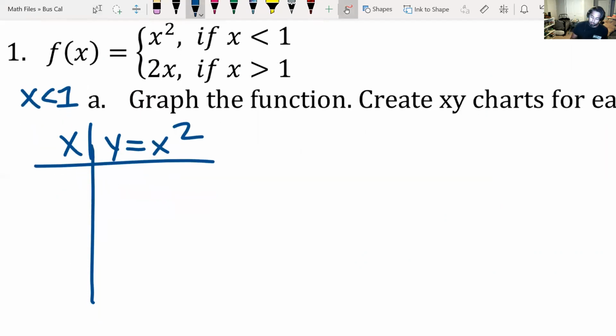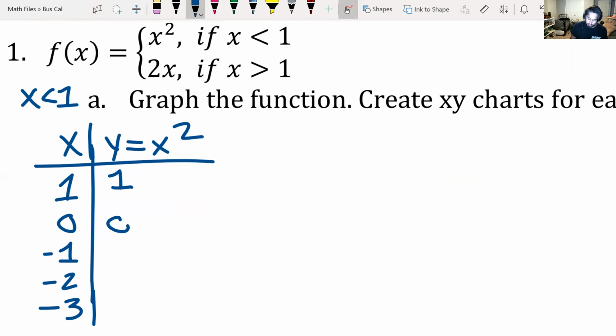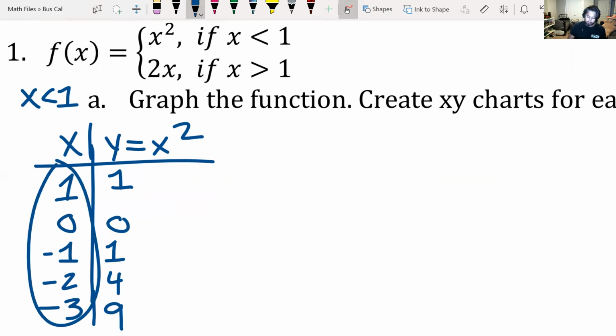So this means we'll start at 1 and go less than. 0, negative 1, negative 2, negative 3. We don't need to go much further. Okay, so now we square out everything and you'll get negative 1, 0, 1, 4, 9. Now remember, I'm taking these values and plugging them into x squared.